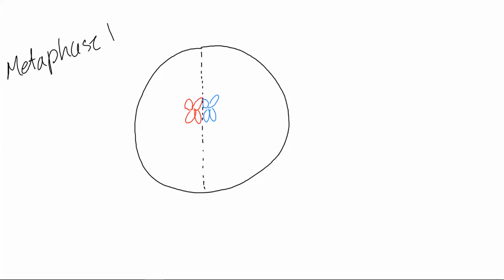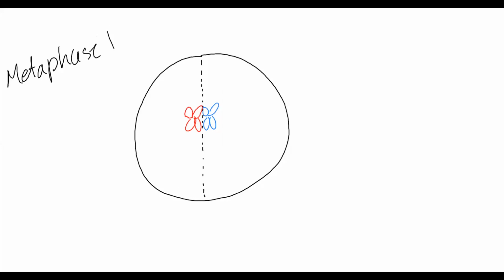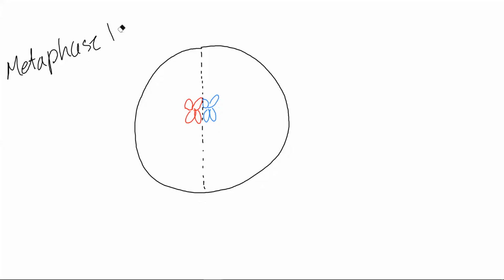Next thing we need to do is anaphase 1. What normally happens during anaphase? Nobody remembers? Well, in anaphase 1, yes, they separate, right? But instead of sister chromatids separating, the two analogous chromosomes are going to separate.